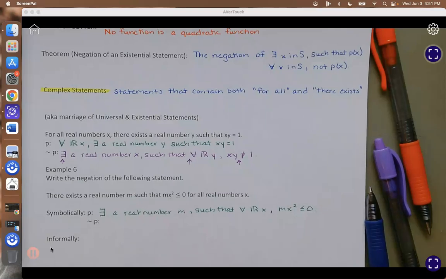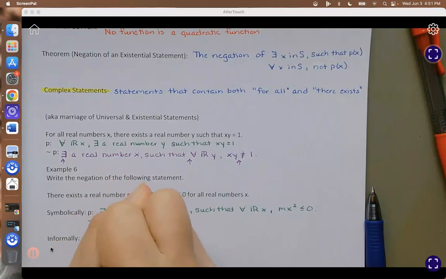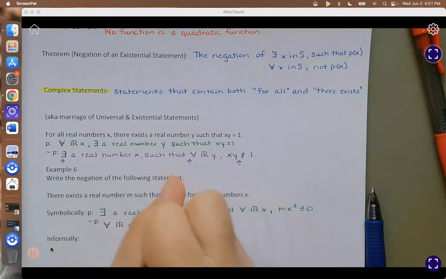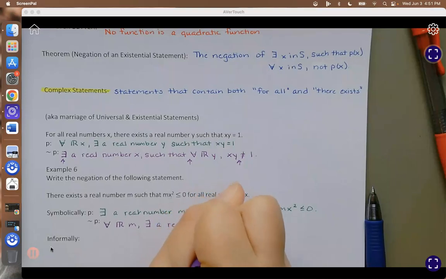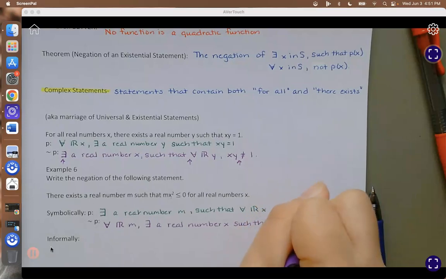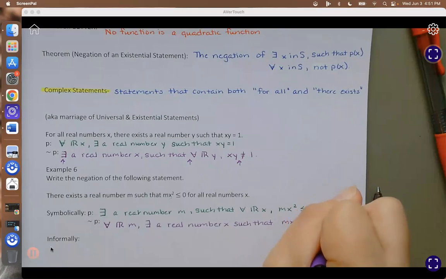Okay, so here we go. So we'd say for all real numbers m, there exists a real number x such that, remember we changed the symbol here, mx squared is greater than 0.